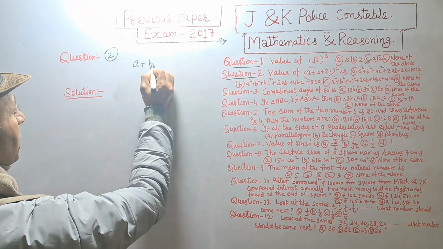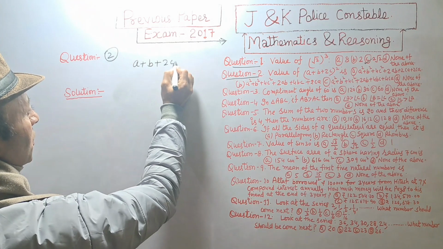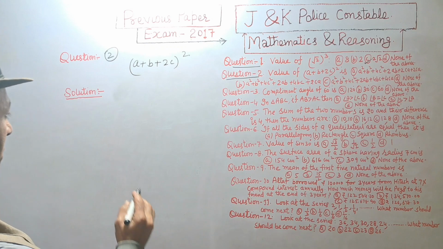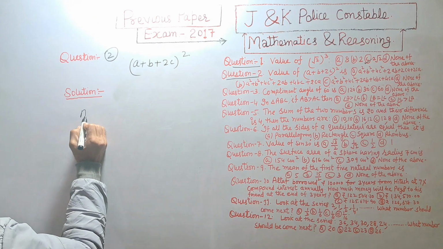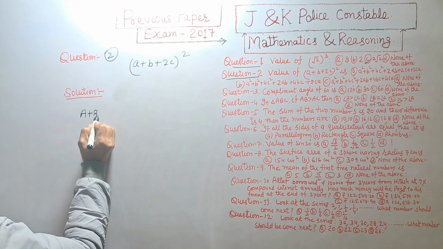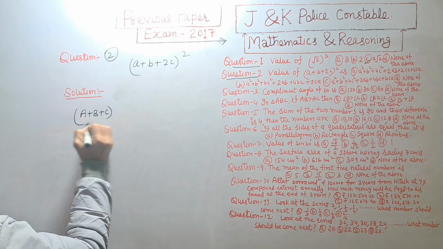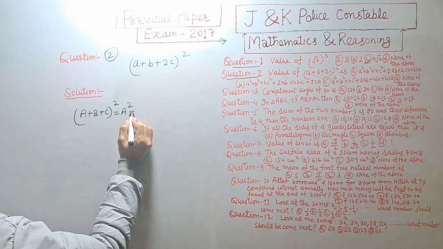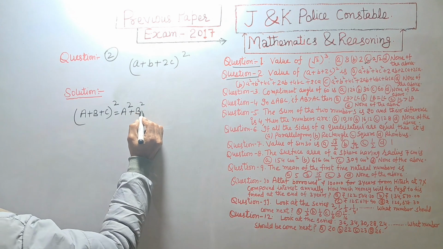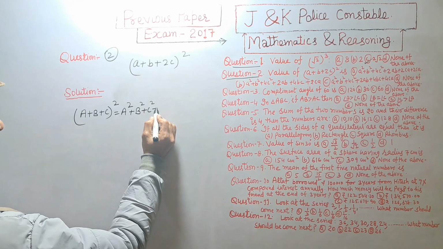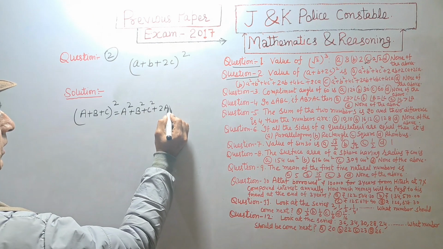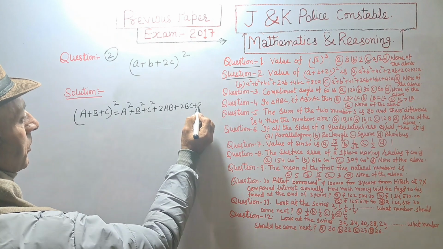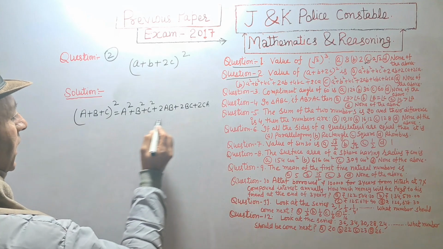As we know that a plus b plus c raised to power 2 is equal to a square plus b square plus c square plus 2ab plus 2bc plus 2ca.